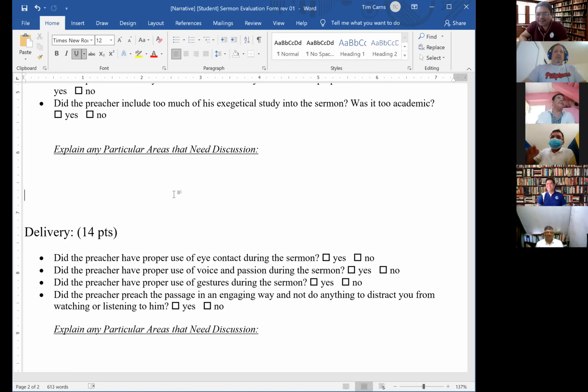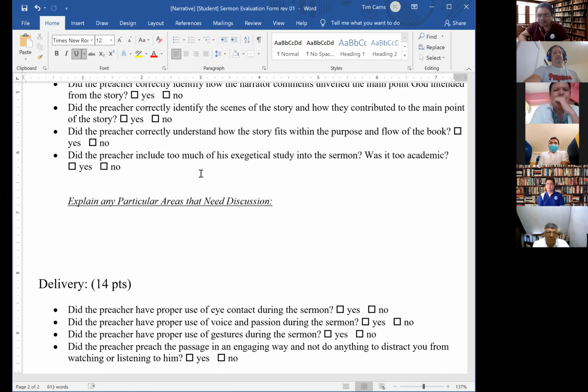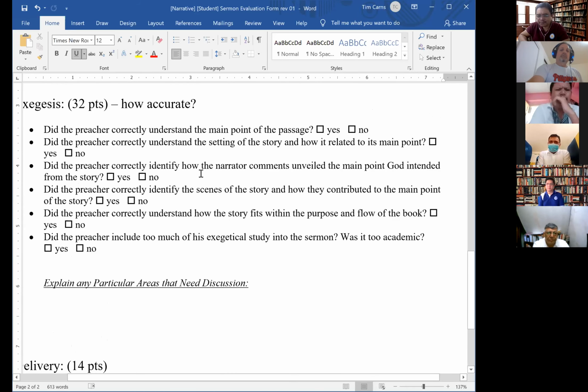So, okay. Well, I know that may not have been the most exciting topic to cover, but I do want you to understand the evaluation form and the intent behind it and what we're trying to encourage through it. Now, each genre will have many similarities, but there will be some distinct differences because, for example, in poetry, we're going to add a couple of parts to the exegesis regarding figurative language and things like that.